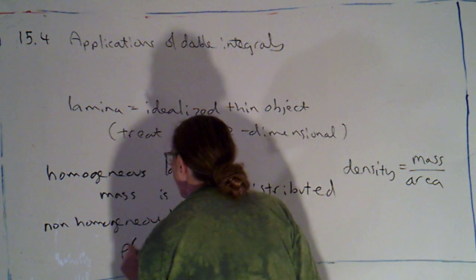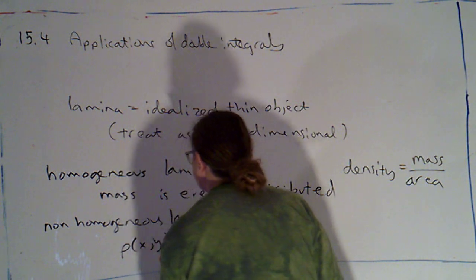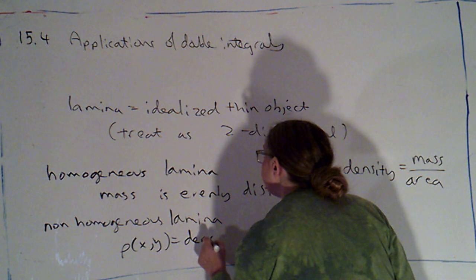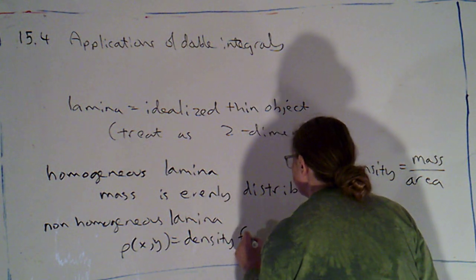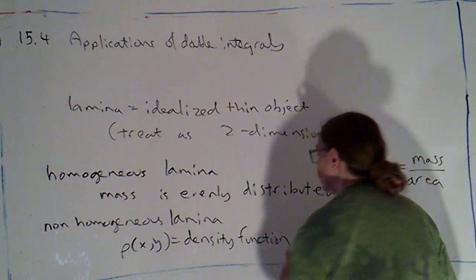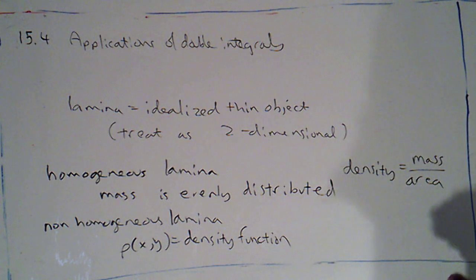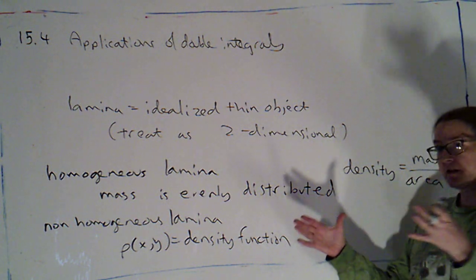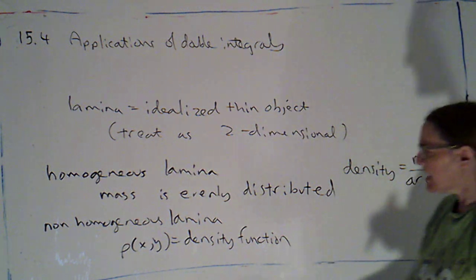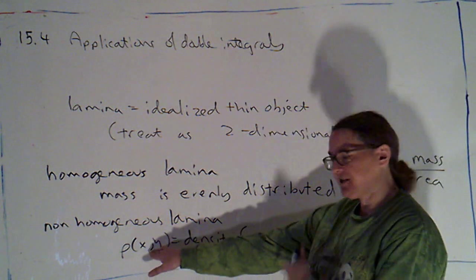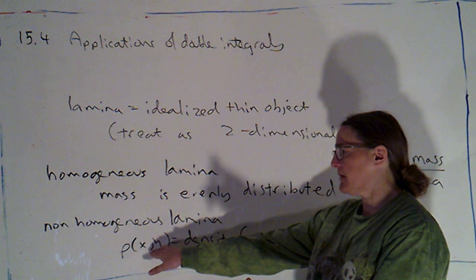we're going to have rho of xy, which is going to be our density function. It's going to do the same thing that density does, which is basically tell us how much mass there is per unit area, except if it varies, we need to know where we are as we're talking about that.